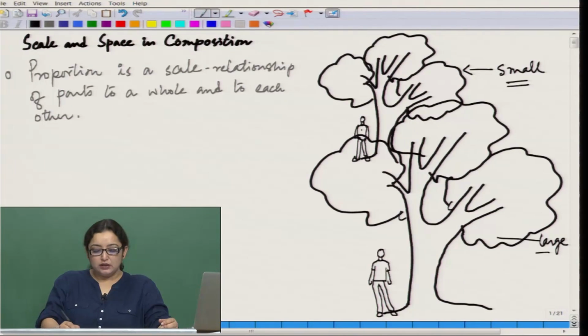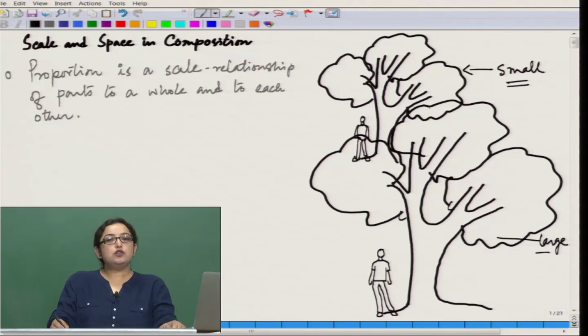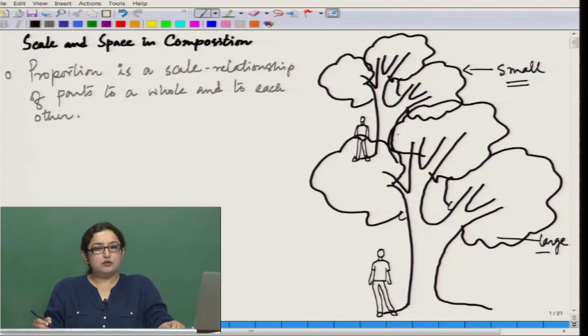So, the human figure also will not look small. We will just feel that these are two trees of the same proportion and size, and only because of the visual distance from the viewer, the other set of tree and human being is appearing to be small. So, we need to go by visual perception to decide how big it should be.